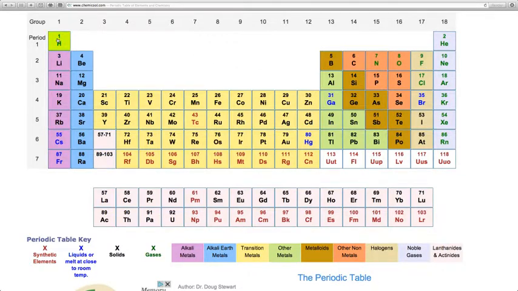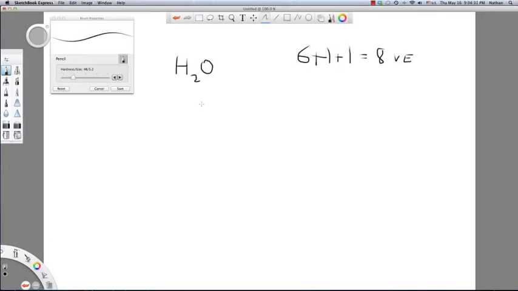Hydrogen never ever goes in the middle, and you'll see why in a second. So you never put hydrogen in the middle. In that case, this leaves only oxygen. So you start with oxygen, then you're going to arrange the rest of the atoms around it. So hydrogen and hydrogen.